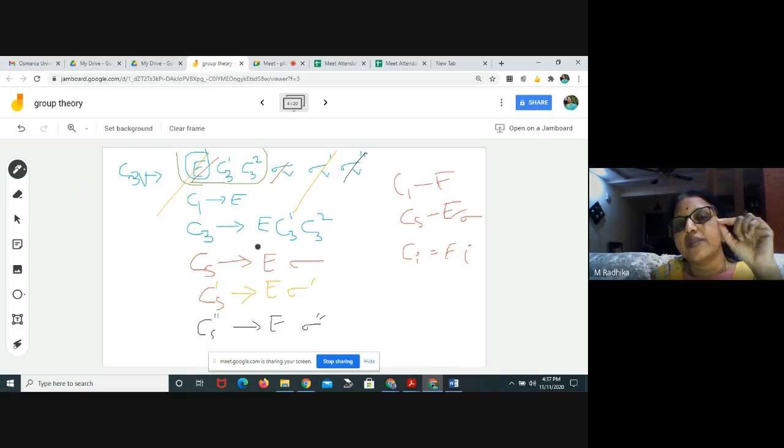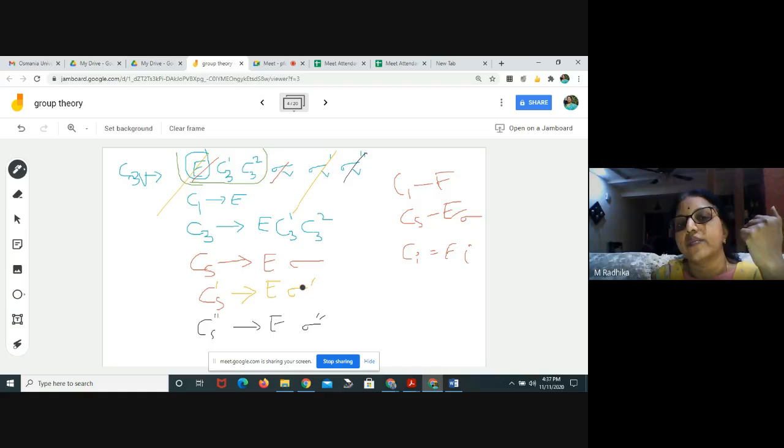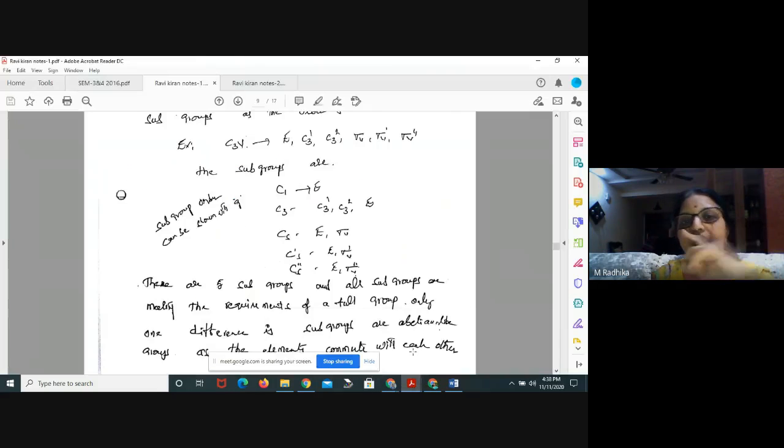Here E is present and the order is more than 1, not 2, as 2 is also included. So order 1 is trivial. More than 1, that is 2, 3, 4, 5, becomes non-trivial. That is what you have to understand. So this is having 5 subgroups.